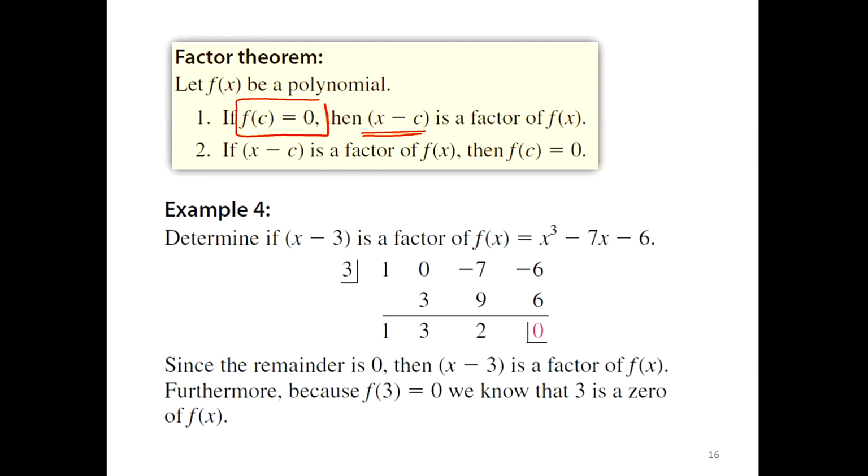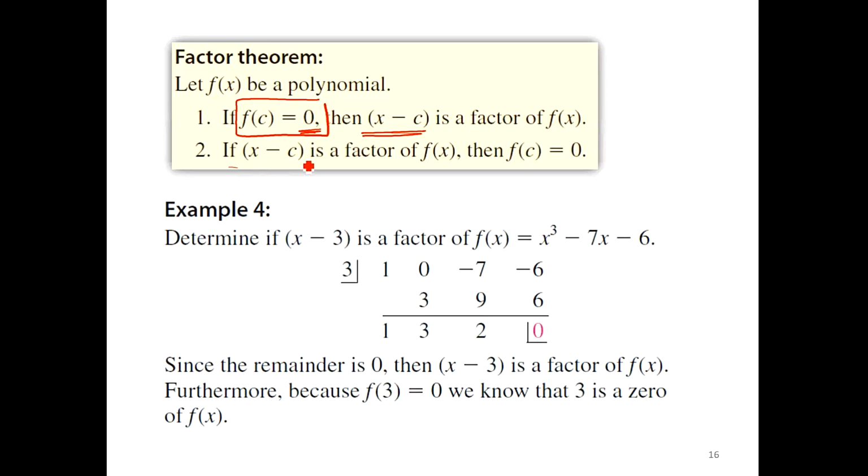Also we can find the remainder directly. If the remainder is 0, then this is a factor. If f of c equals 0, then x minus c is a factor.